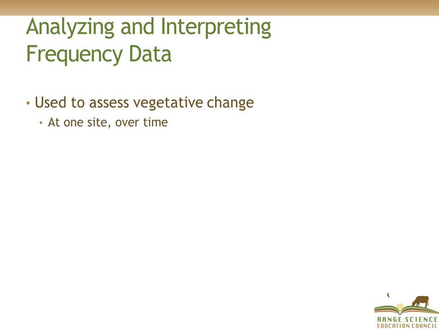Now let's switch gears and examine how we analyze and interpret frequency data. Remember, frequency data are used to assess vegetative change, either at one site over time, so between measurement periods, or to compare vegetation between sites.